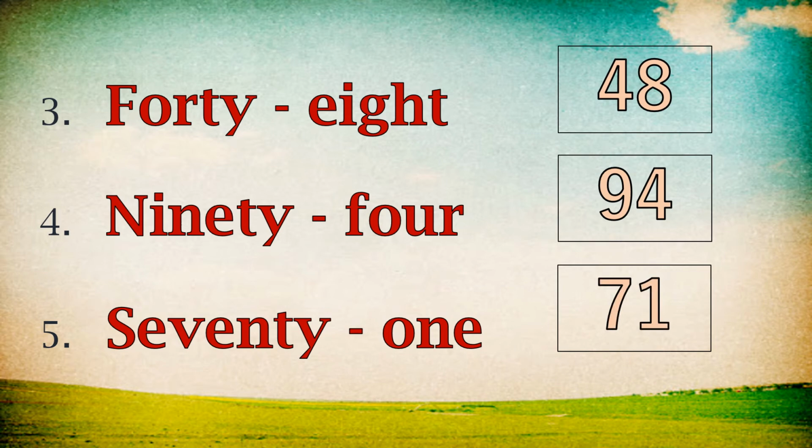Great job. This is 71. Did you get the right answer? Yes, 71. All right, so now, kids, do you know how to read and write the numbers into words and write words into numbers? Great job. Okay, now let's proceed.